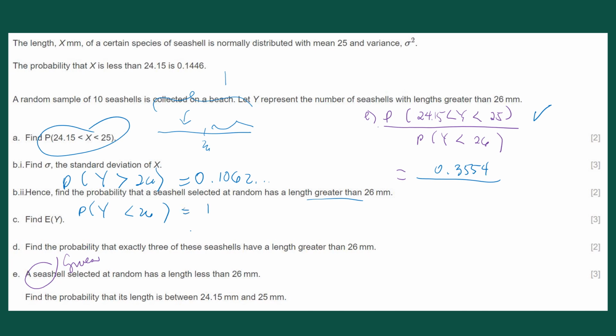So that's 1 minus 0.106. The answer to this is 0.397634, etc. So to 3 significant figures, 0.398.